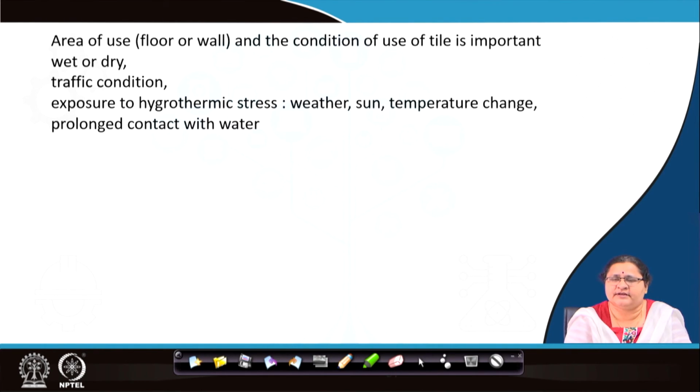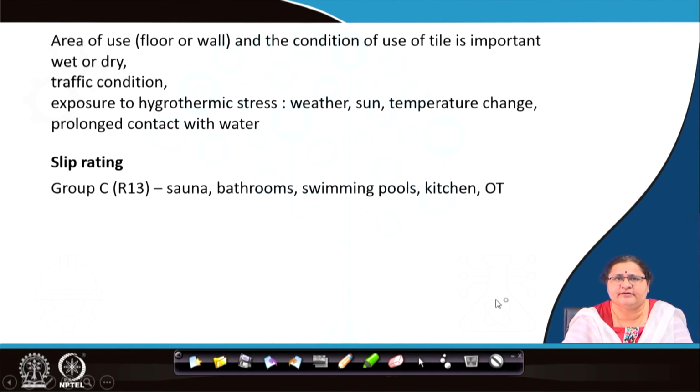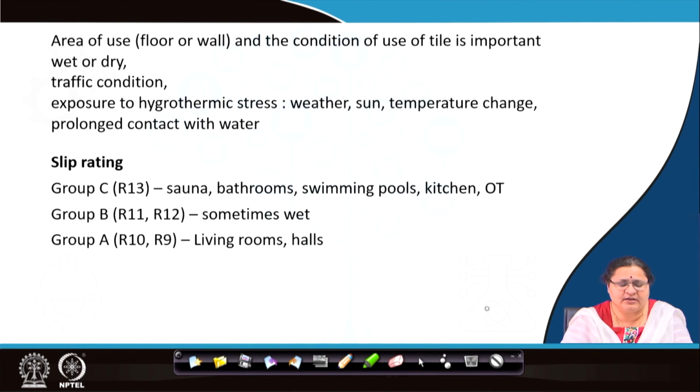Offices, it is a very regular phenomenon in office buildings. Exposure to hygrothermic stresses, weather, sun, temperature change, prolonged contact with water, all these points you have to keep in mind while you are selecting. So, the slip rating is there on top of the box: group C, group B, group A. You can understand by seeing the grouping.